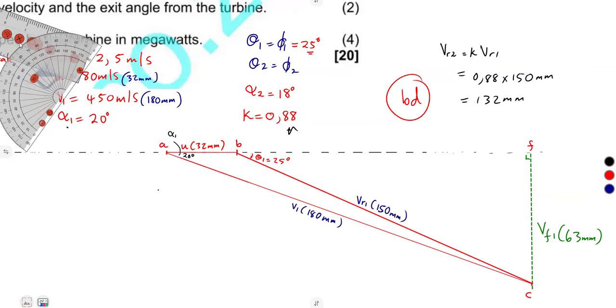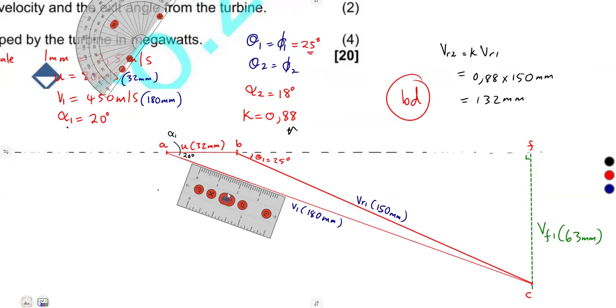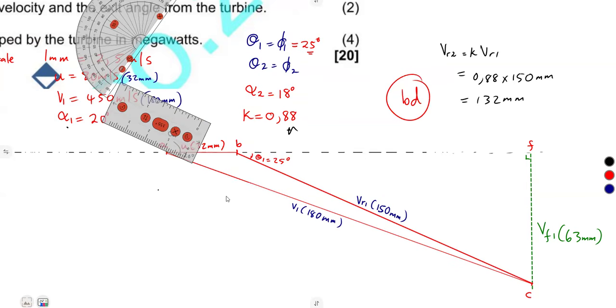So let me join this and have the exact. Actually, I'm going to find the exact value to use. The angle is 25. So we need something like 155 to get the exact diagram.